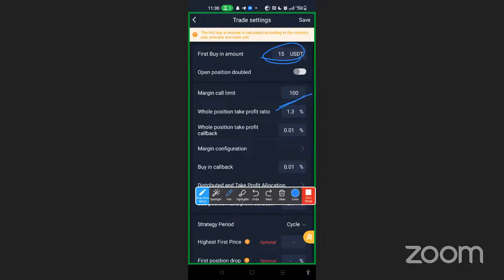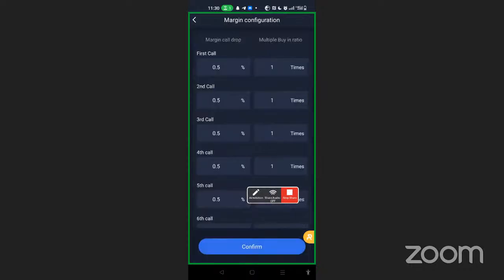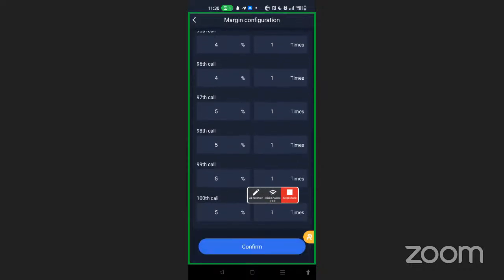Each time the robot goes into the market, it goes in with $15, 100 times. It is that simple. And every time it goes in the market, it goes in one time throughout.